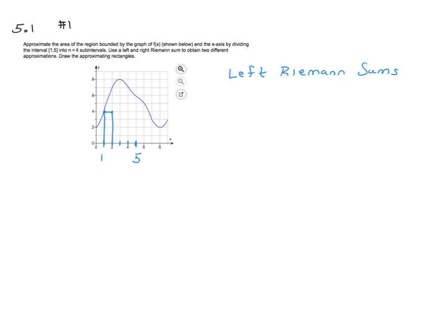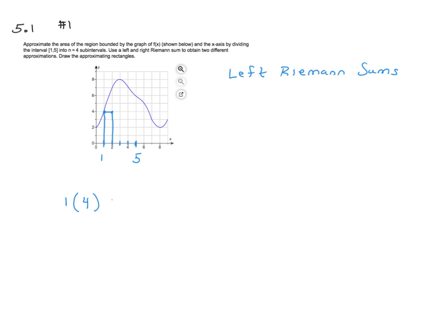So the base is 1, and we're going to multiply it by the height, which is 4. So the area of this rectangle is 1 times 4. The 1 came from the length of the base. That's one of the subintervals. And the height, 4, actually just came by using the graph of the function. You want to complete that for the remaining 3 subintervals.